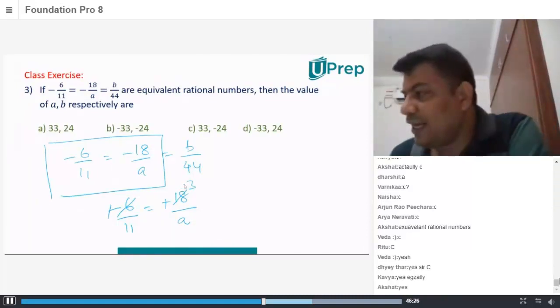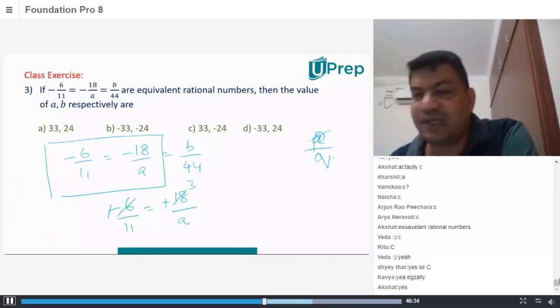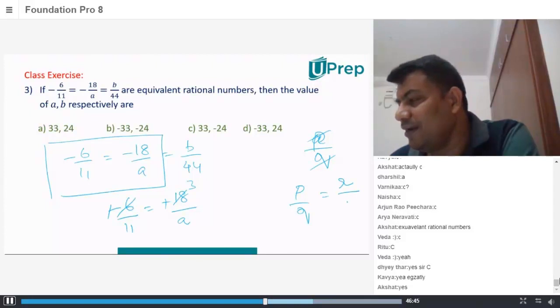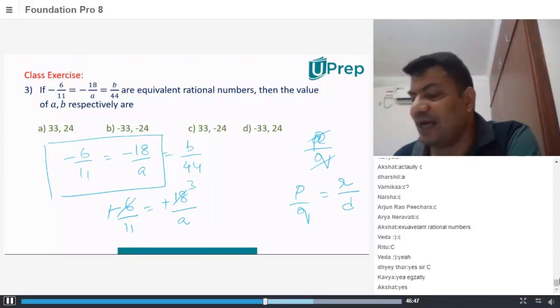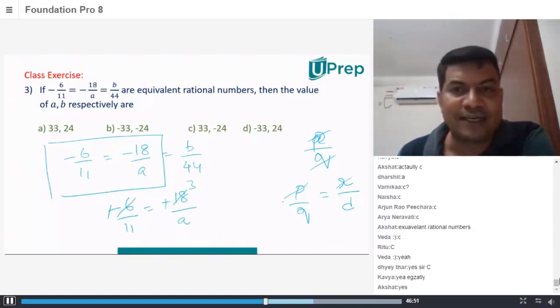When you have something like a P by Q form, you can divide the numbers like this. Similarly, when you have something like P by Q is equal to R by S, you can always cancel like this if you have common factors.